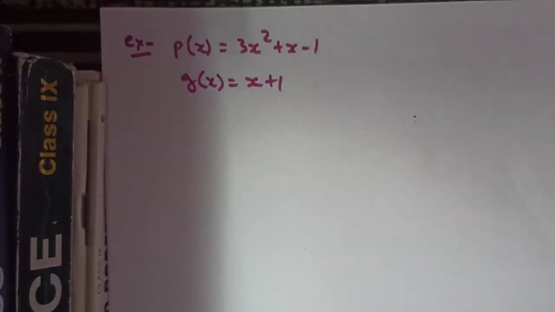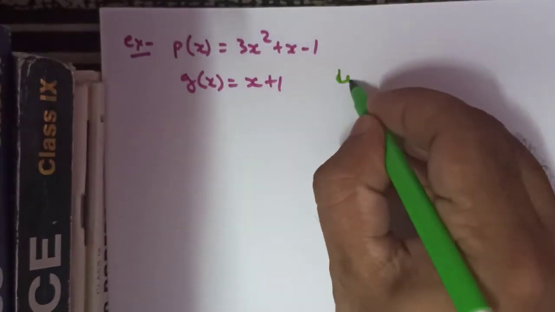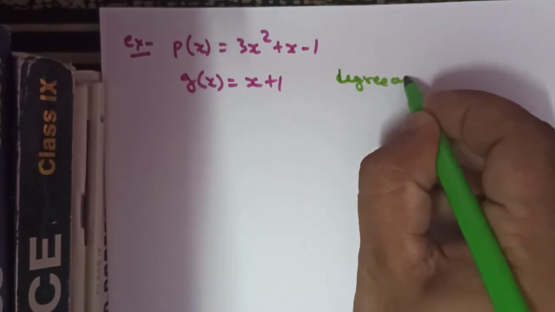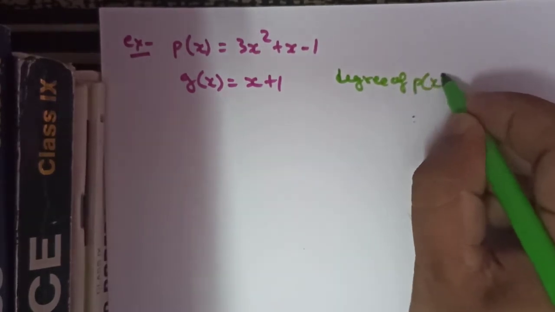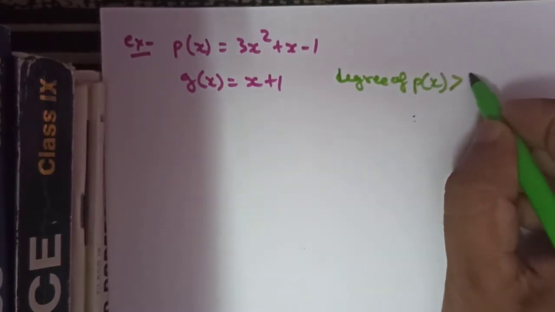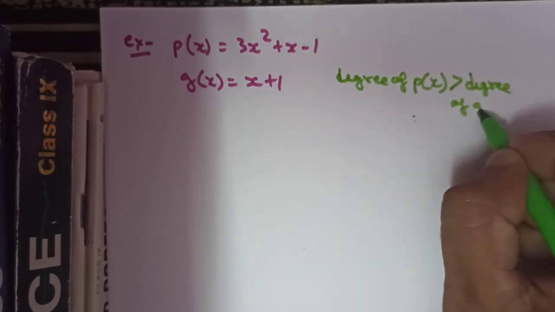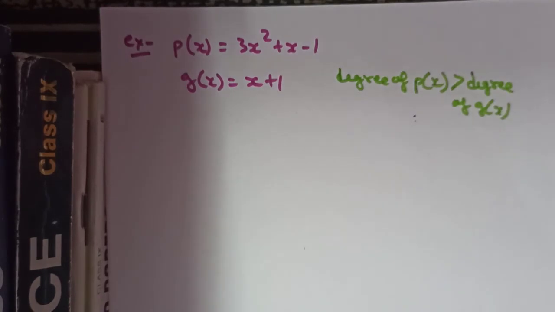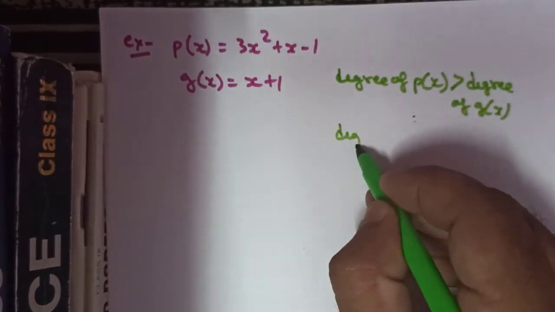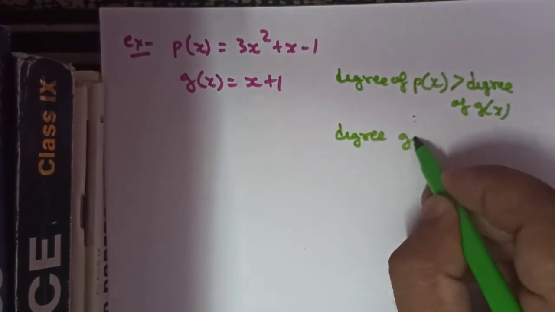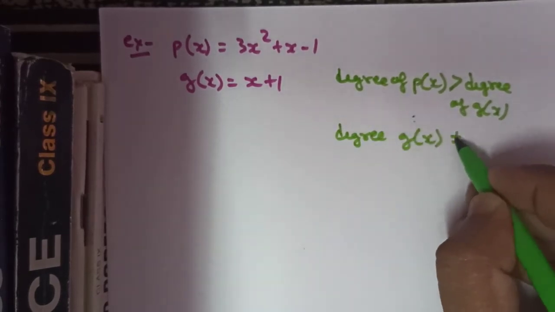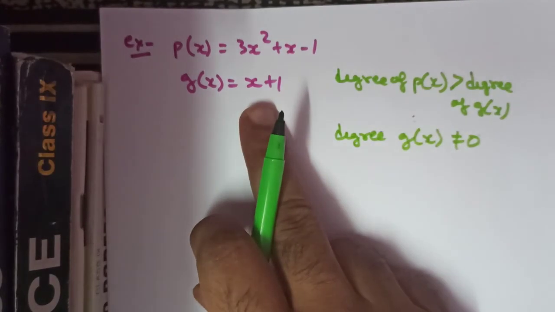So we can clearly see here the degree of px is greater than degree of gx. First point. Second thing is that the degree of gx should not be equal to 0. So the degree of gx is what? 1.